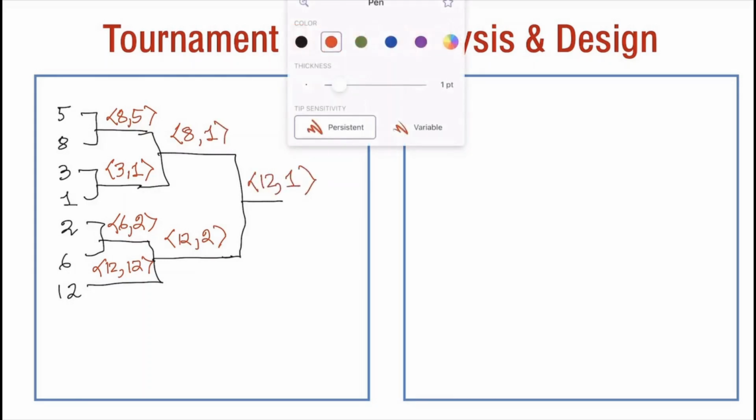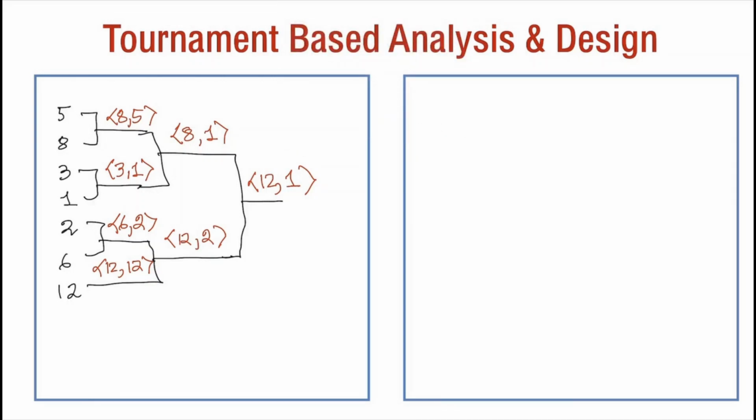How many comparisons? This step would require one comparison, 1, 1, 0, 2, 2, 2, which is again 9 comparisons.